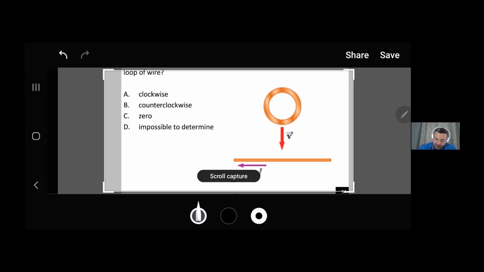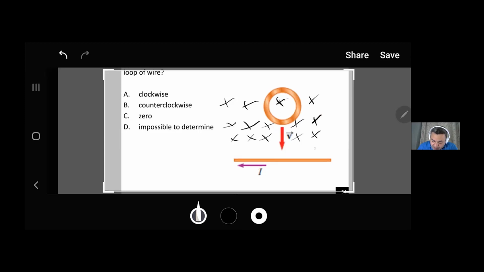If you look at this wire, based on the right-hand rule, you will see that the magnetic field is pointing into the screen at the upper side of the wire. The closer I come to the wire, the denser the magnetic field becomes, which means a stronger magnetic field, right?